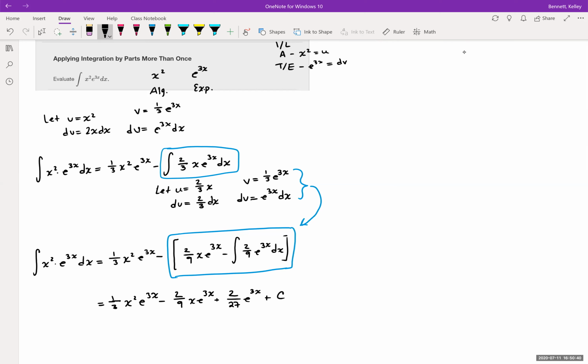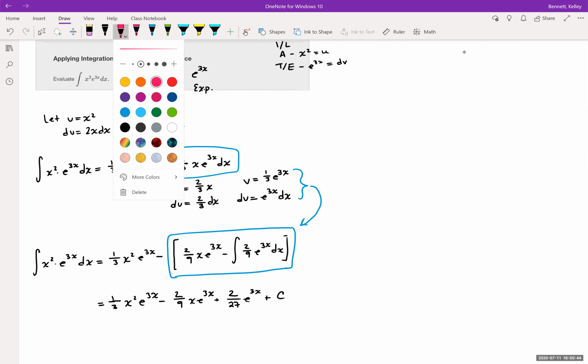There's another kind of fun way to do this. So a fun method deserves a fun color, I suppose.